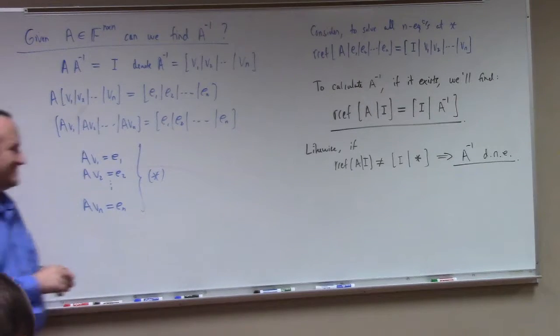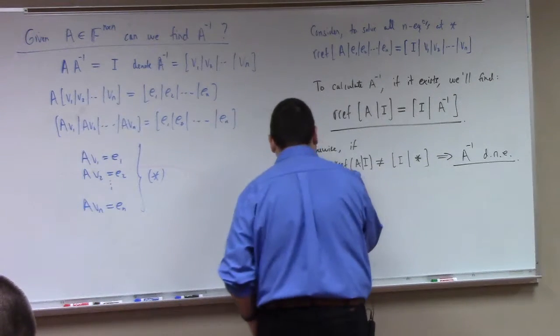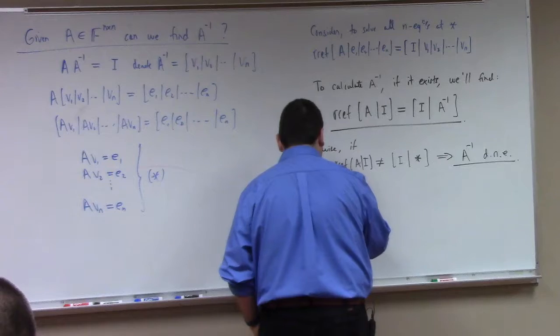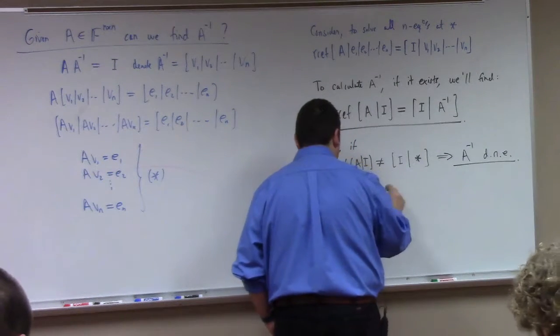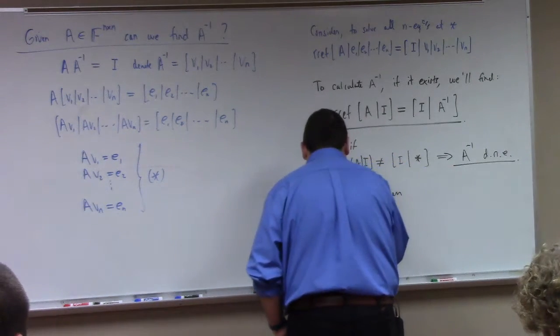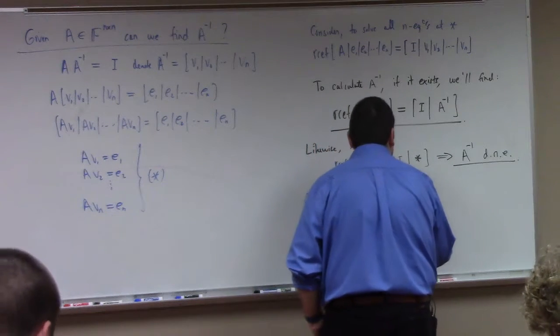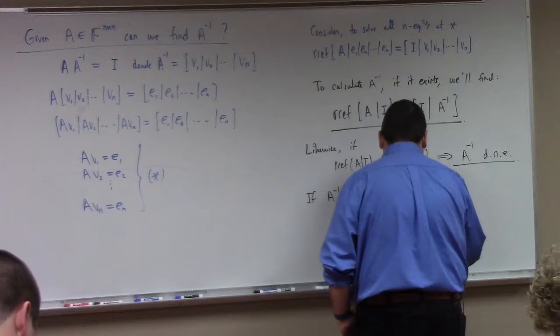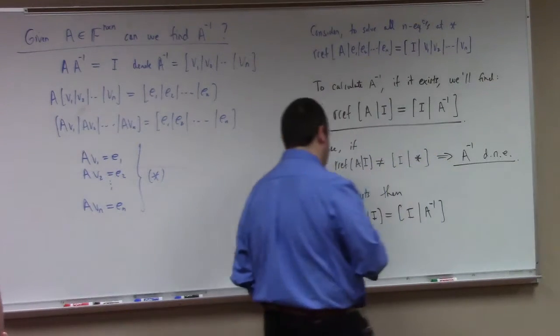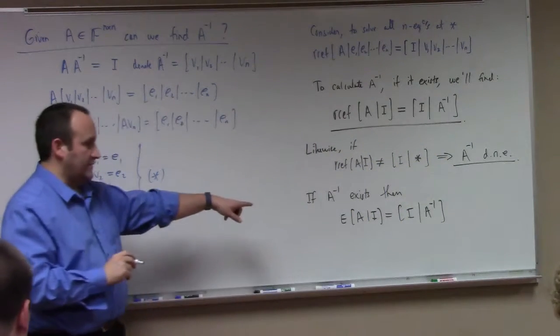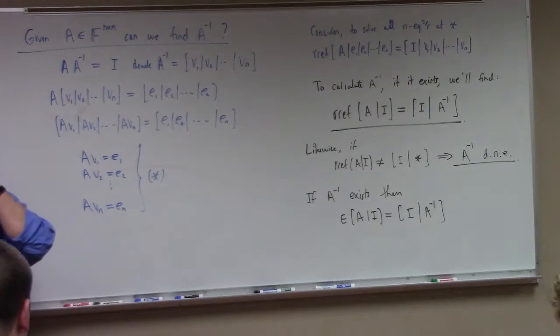There's more. Notice if A inverse exists, then E times the matrix A concatenated with I is equal to I with A inverse, where E is the product of elementary matrices which achieves the row reduction. What does that show you also?